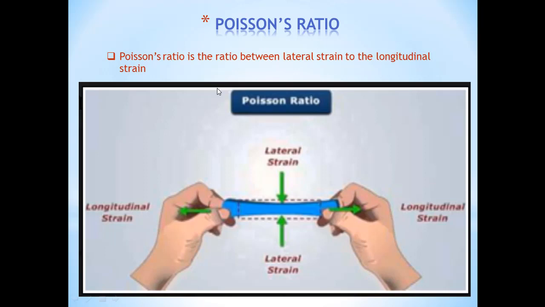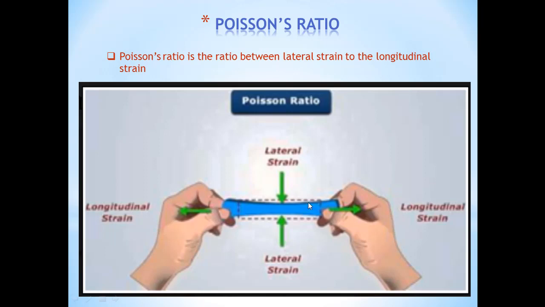But the major difference is that if the strain is along the direction of the force, then we consider it as longitudinal strain, and if the strain is perpendicular to the direction of force applied, then it is the lateral strain. Here from the diagram it is clear.